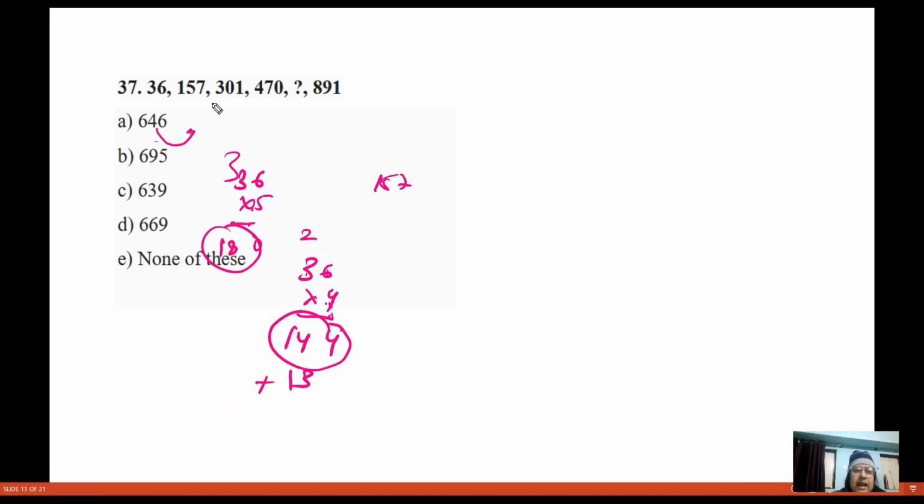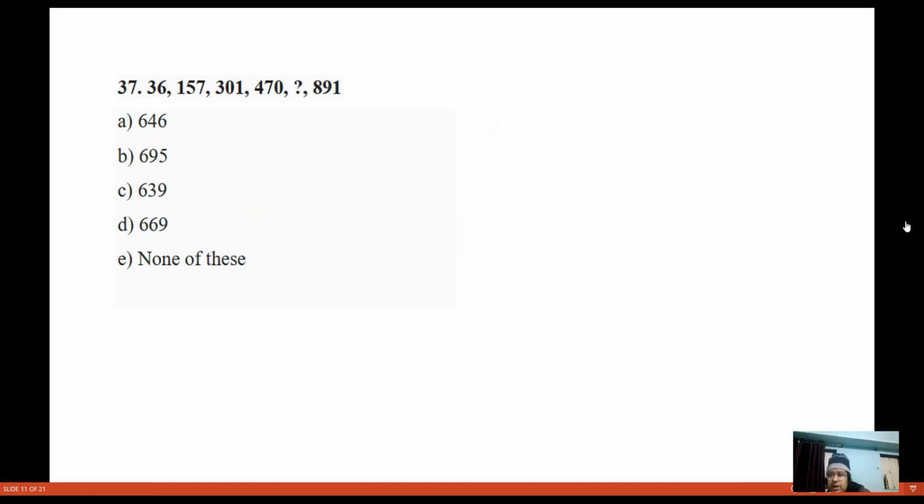Okay, 13. And then from 157 to 301, I see that it is a little bit less than twice. Okay, a little bit less than twice. And then this is almost 1.5 times. Okay, 3 by 2. So 150 into 3, if you do, you will get 450 something, and something is getting added here. So this is what the series is going to be.